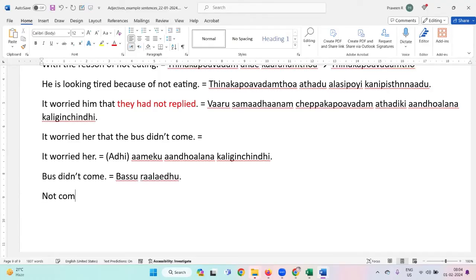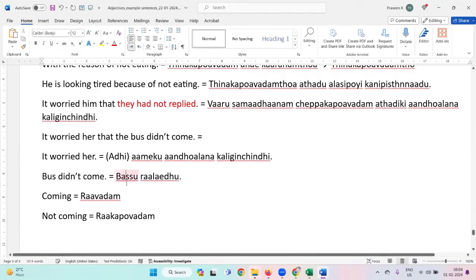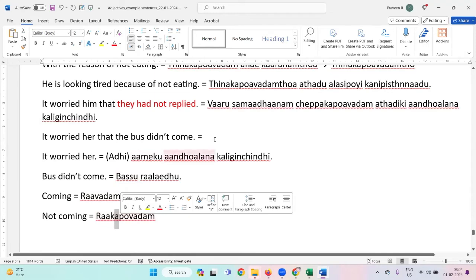Not coming. Again, we'll go to the gerund form. Coming means రావడం. Not coming, రాకపోవడం. So now I think you got some idea. The reason, so this one you need to connect. That's all.